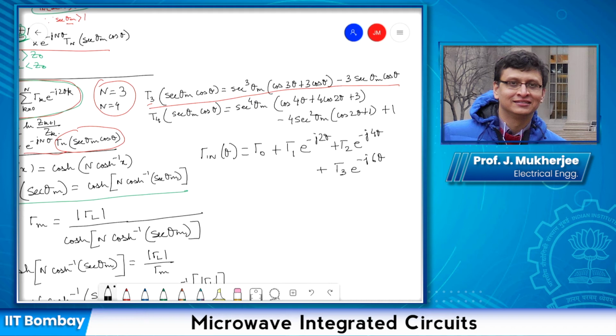Now suppose we assume that the multi-section transformer is symmetric, that is gamma 1 is equal to gamma 2 and gamma 0 is equal to gamma 3. Then what do we have? How can we simplify this equation?